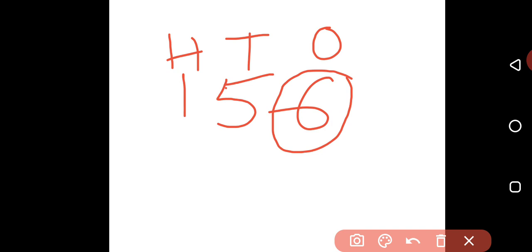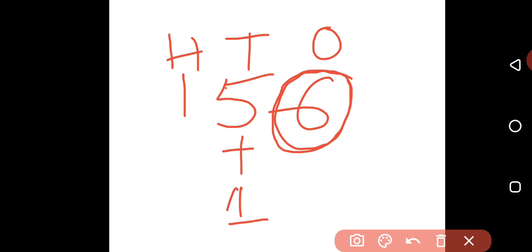I am going to place 0 in the ones place and add 1 to the digit of the tens place. I am going to replace the digit of the ones place with 0 and add 1 to the digit of the tens place. Is that clear?